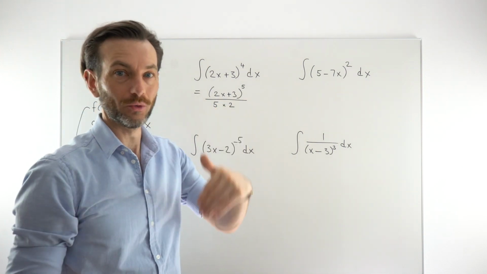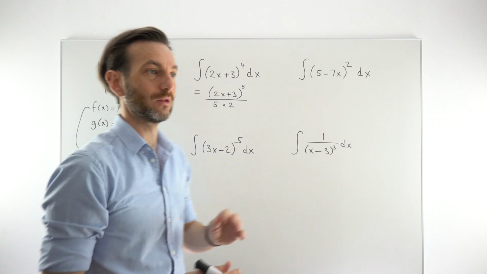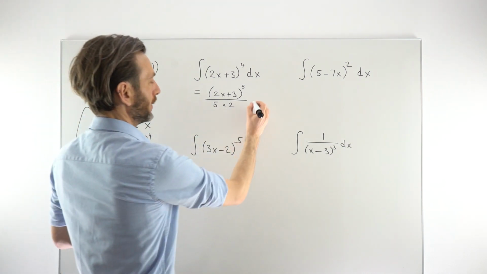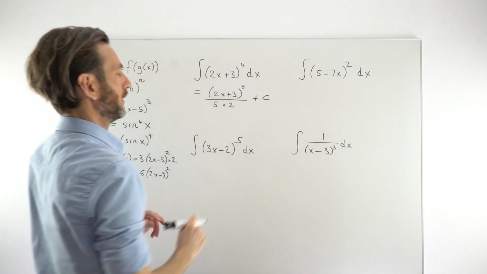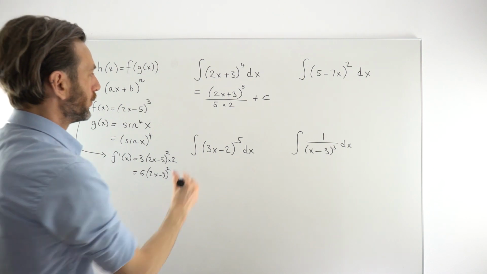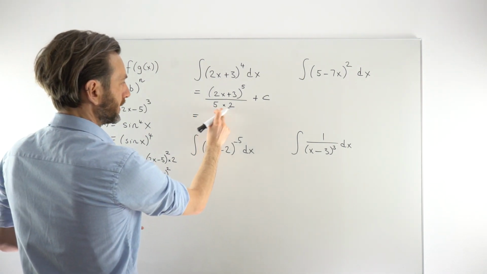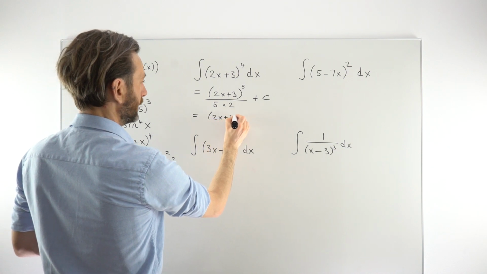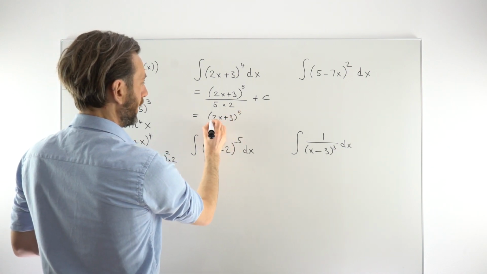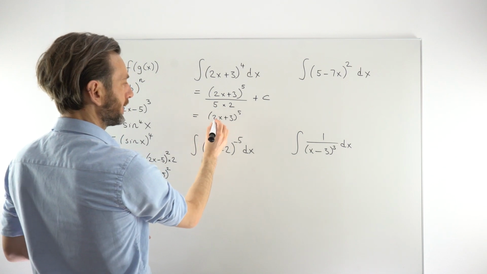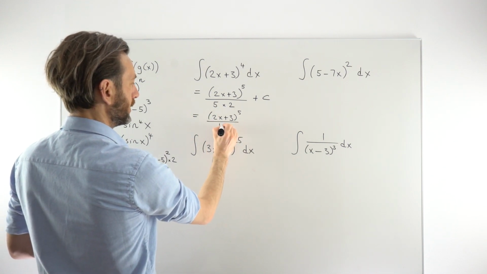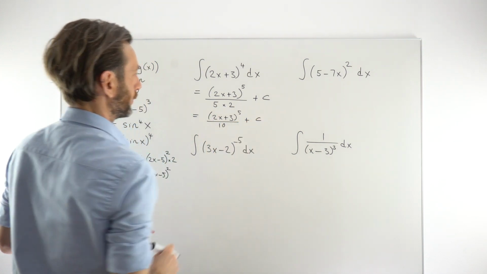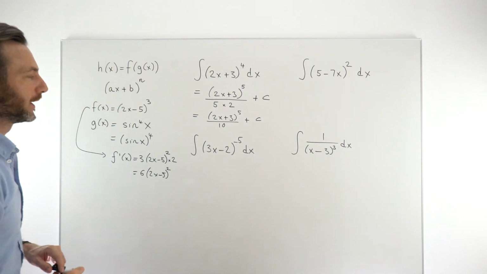If it's on the denominator, it's already dividing, so that's the neatest way to do it. Then of course we need to put a plus c on the end. We would maybe tidy that up by multiplying these together: (2x plus 3) to the power of 5, either over 10 or 1/10, whichever way you want to do it. And there we are.